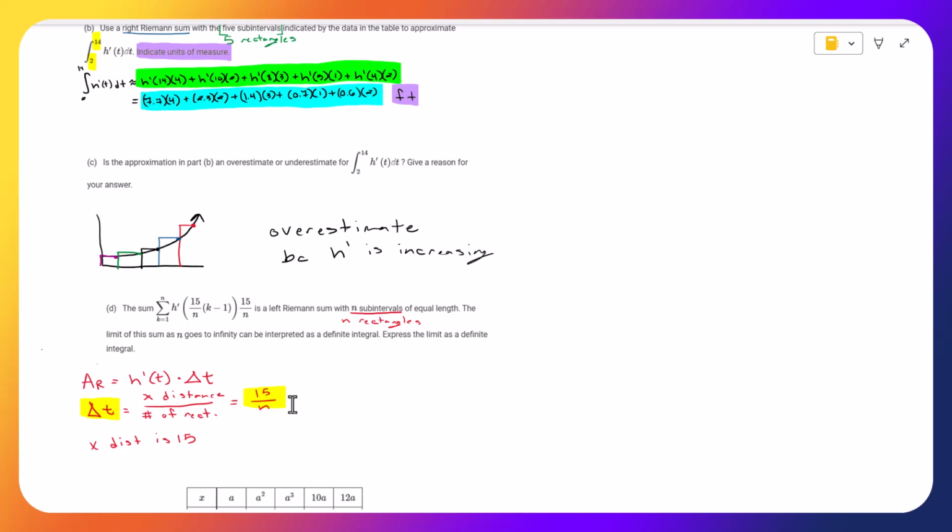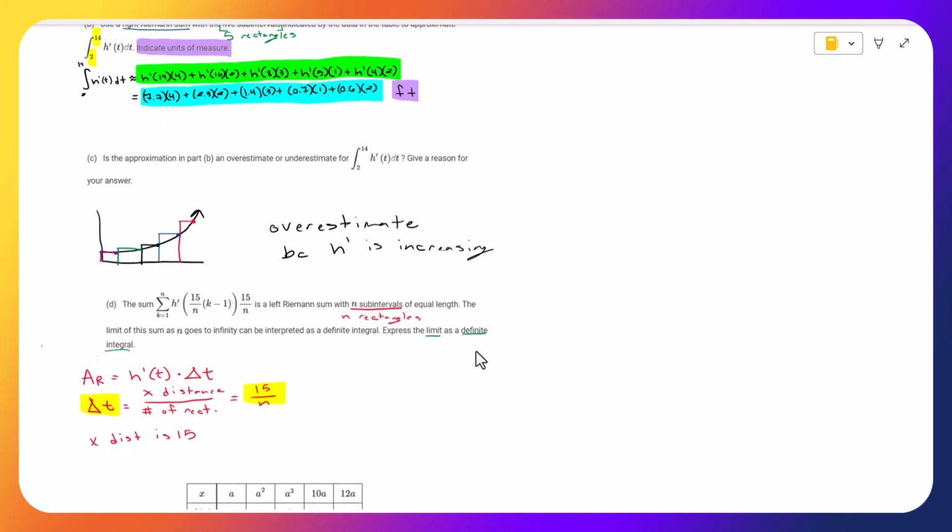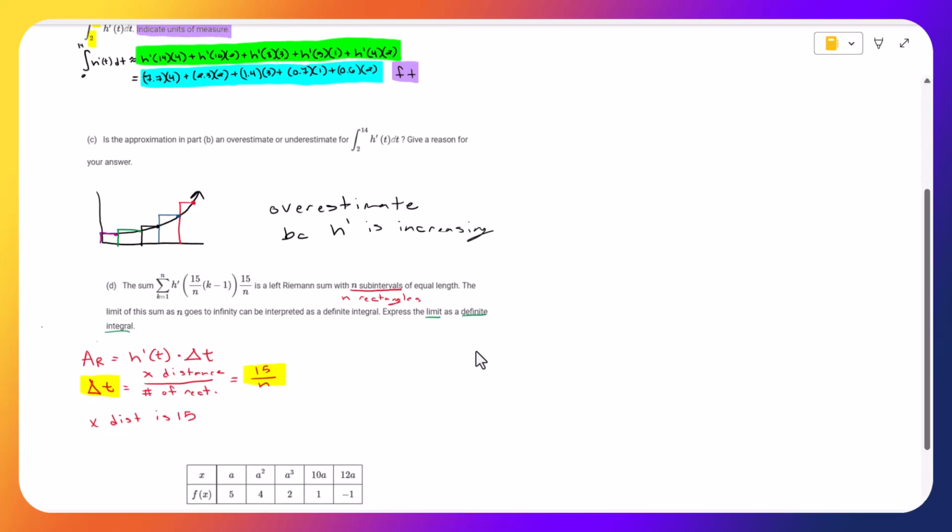Okay. And now we want to rewrite this. We want to express the limit as a definite integral. So we need two pieces here. We need the limit and we need the definite integral. So our limit, well, it tells us the limit of this sum as n goes to infinity.